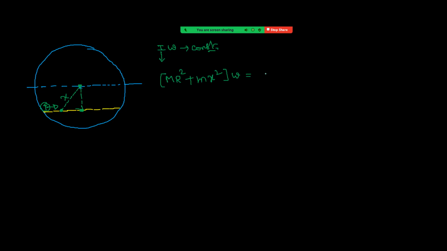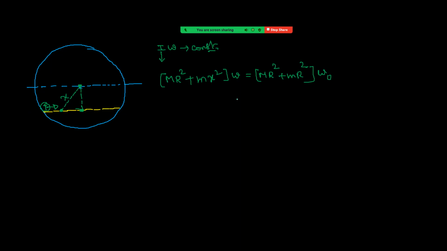That is equal to initially, Mr square plus mr square, when it was at one end of the chord, distance equal to r, into the initial value omega naught.